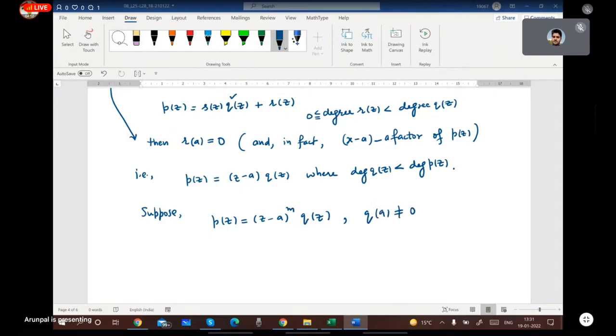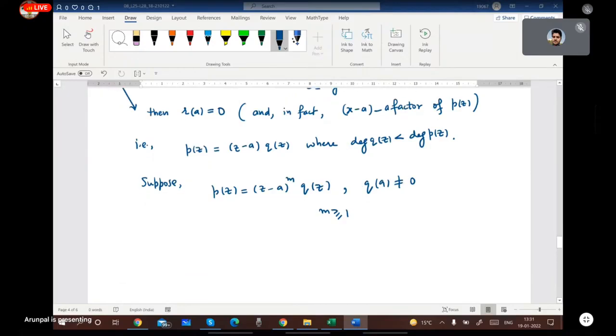So it means, class, that a is appearing as a root of the polynomial p(z) m times, where m is certainly a positive integer greater than or equal to 1. But this a is not a root of q.